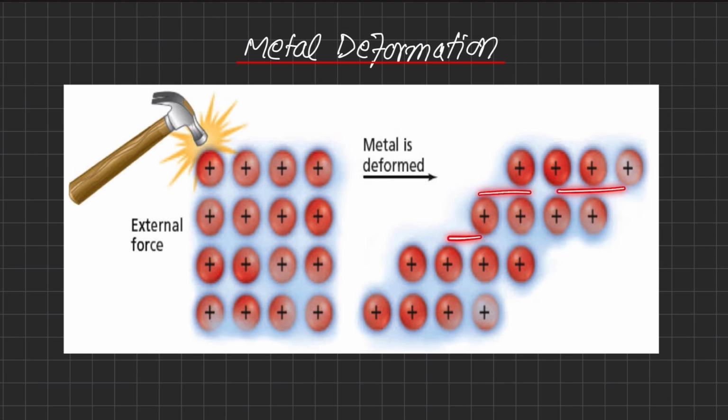So due to the mobility of the pool of electrons, the sheets are deformed and metals can be converted into wires or sheets. So in this way, the property of deformation can also be explained with the electron pool theory or gas theory.